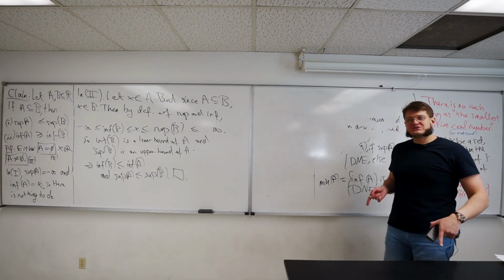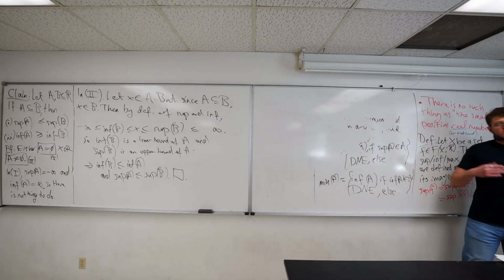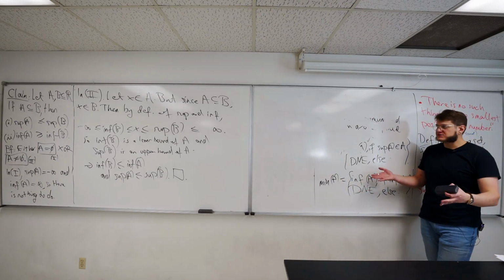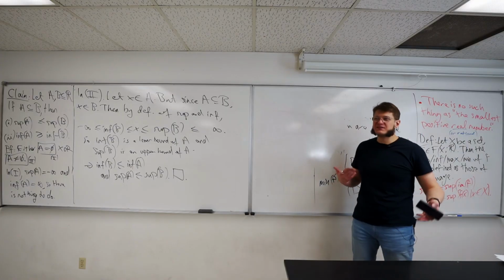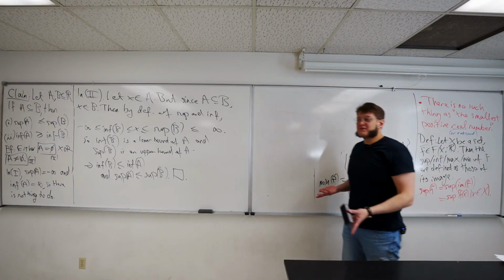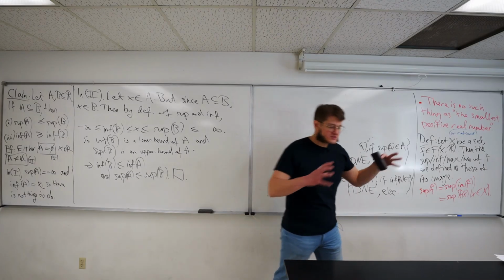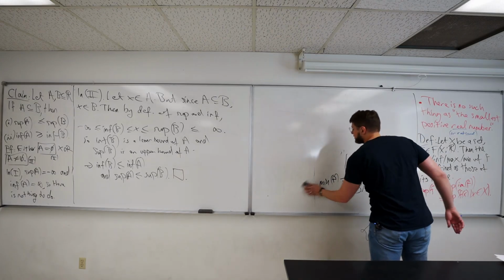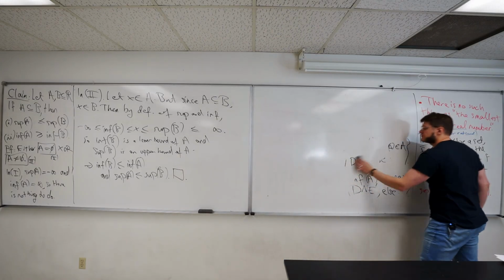Then we talked about relations, a relation being the graph of a function, and then we switched over to functions. So a function is ultimately a specific type of set, and a sequence is going to be a specific type of function. We're just going to define certain things in terms of what we defined so far.